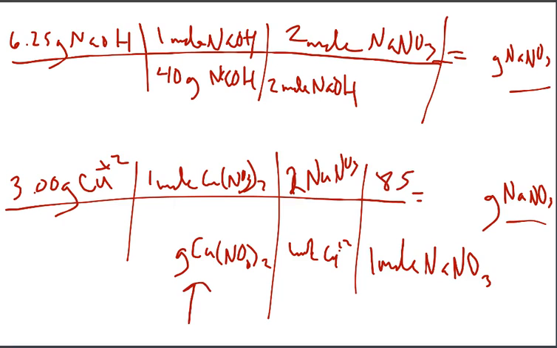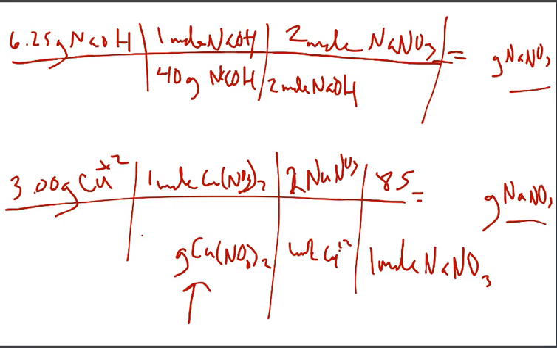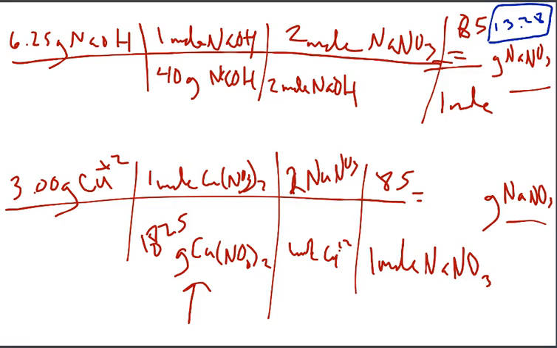I need the molar mass of copper 2 nitrate. I found it is 187.5. You can't see the 8 or the decimal, but I promise they're there. Then over here I have 85 on top and 1 on the bottom. This is a disaster. I hope I'm not losing too many of you. All right, for that answer I got 13.28.